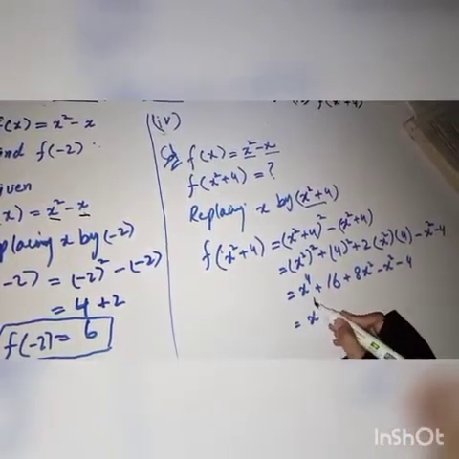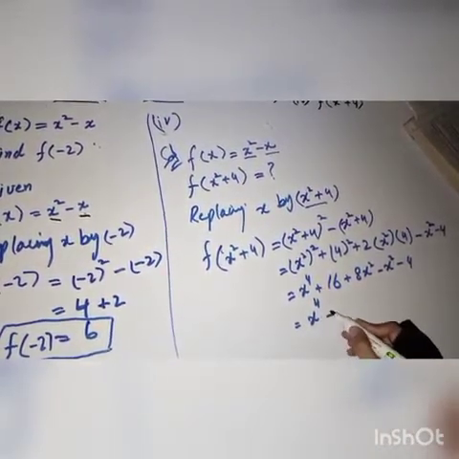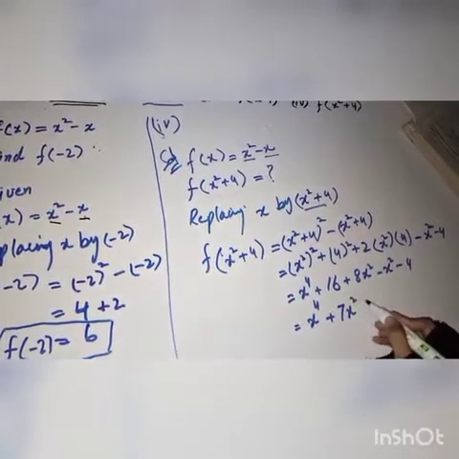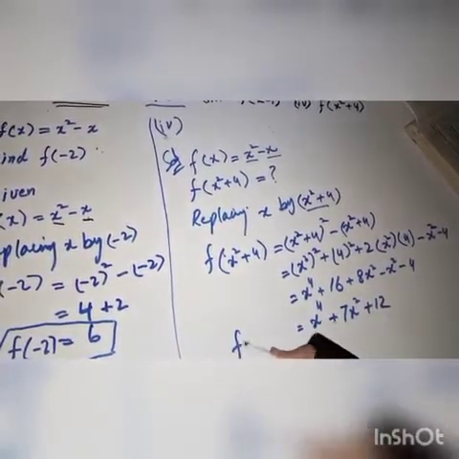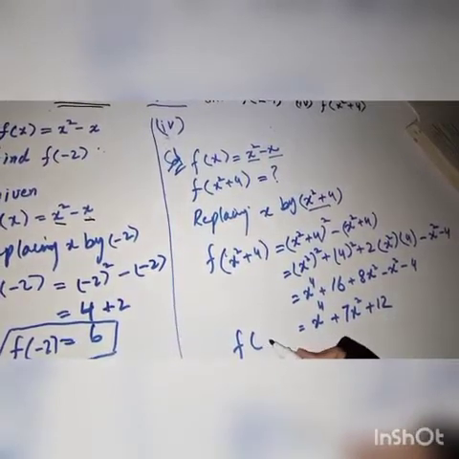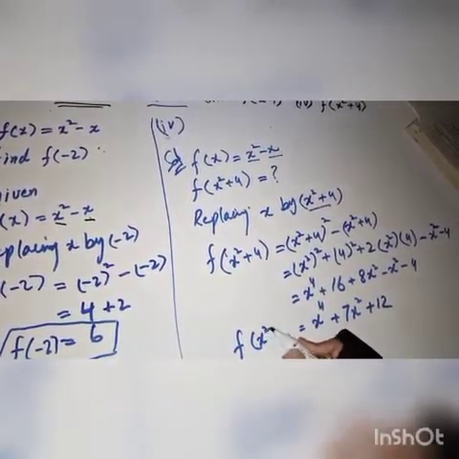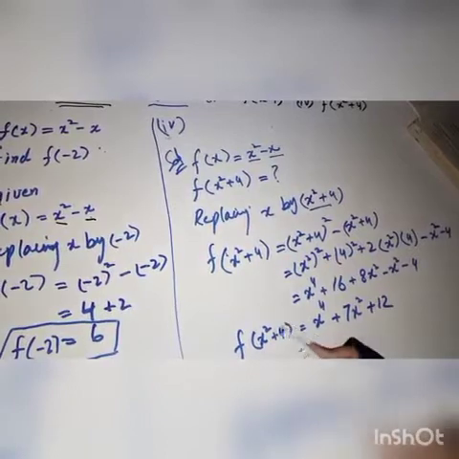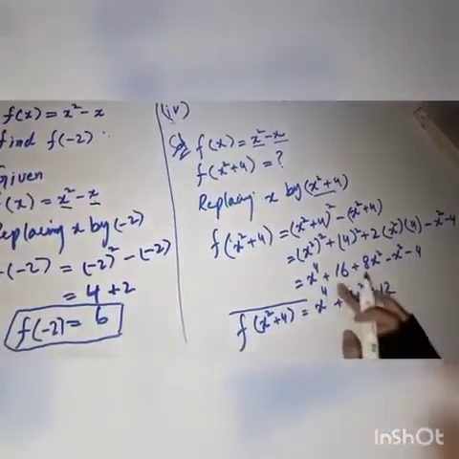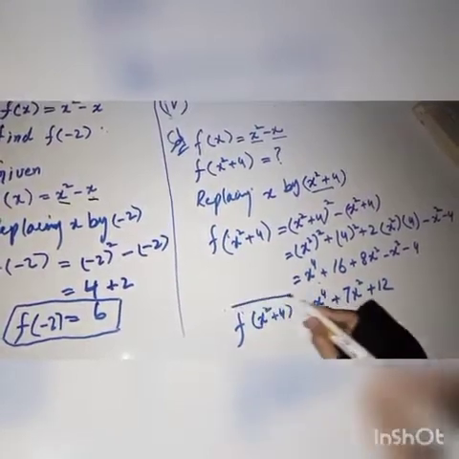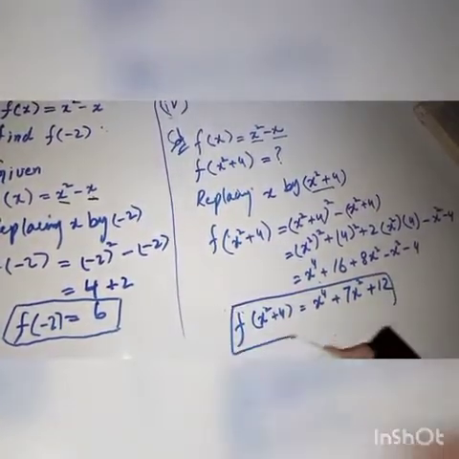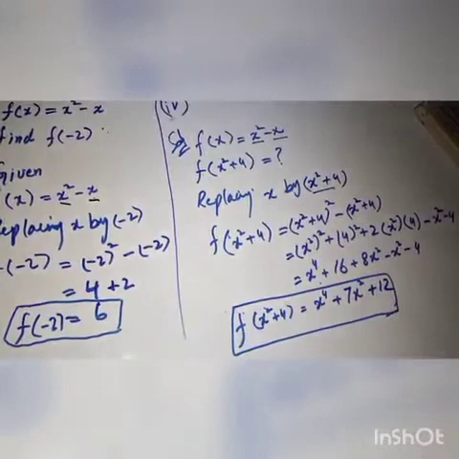So the final calculation is x4 plus 7x square plus 12. This is our required function. These are too much easy questions.